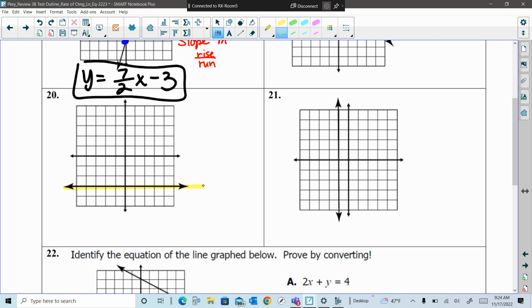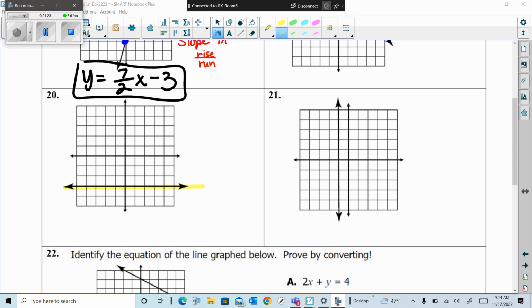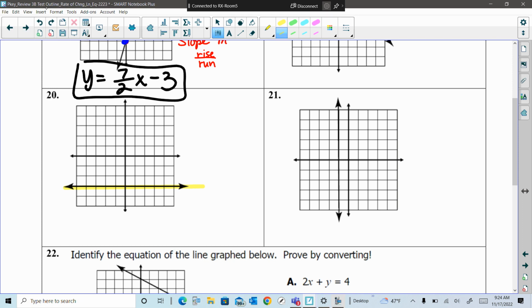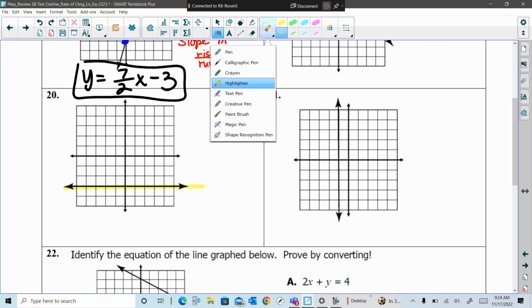On 20, the B is negative 3. But what's our equation? This is what we just talked about. You've got to memorize it. It's not 0, that's the slope. I want the equation. This goes back to what I was showing you.